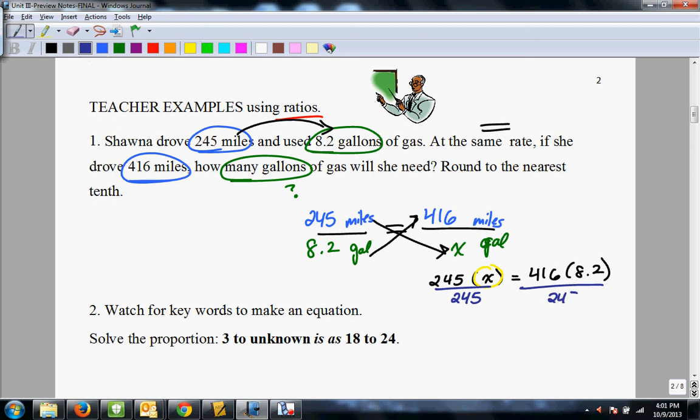Divide by 245. Now our variable is by itself. We have x equals 416 times 8.2 divided by 245. Now you may grab your calculator when x is by itself.